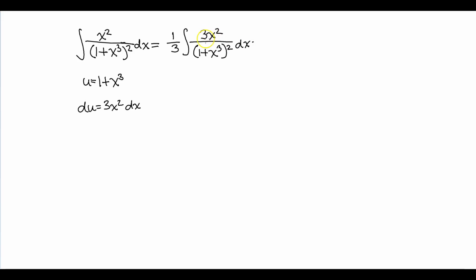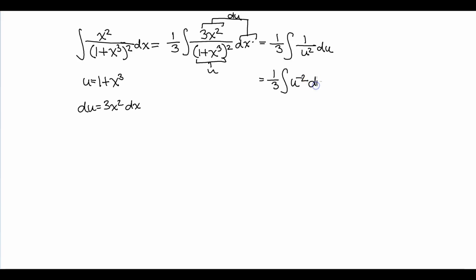And now we have our conditions for du and our condition for u. So now we can carry on with u substitution. Okay, by having the integral of 1 over u squared du, or the indefinite integral of u to the negative 2 power times du.